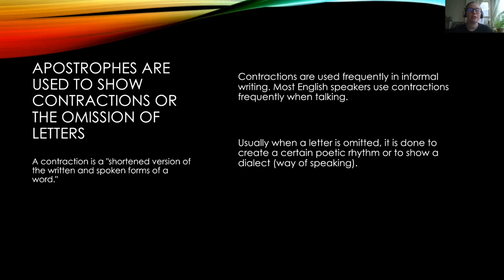If you're not using a contraction, but you're wanting to maybe do a bit of creative writing and capture the way someone is speaking, or maybe even to make your poem or a song have the same amount of syllables on a line, have the same rhythm to it, you might choose to omit certain letters, and an apostrophe is a way to show that you've taken a letter out.